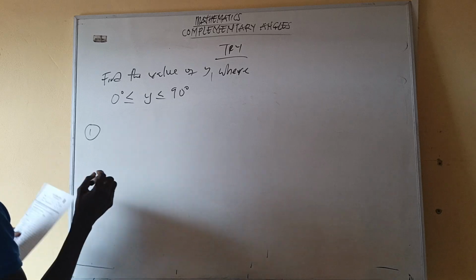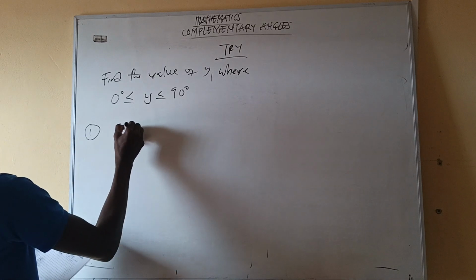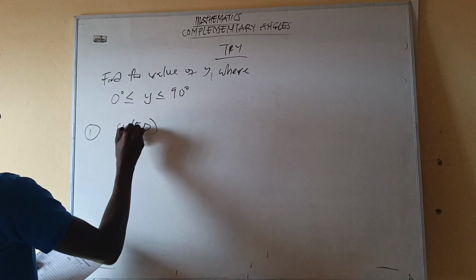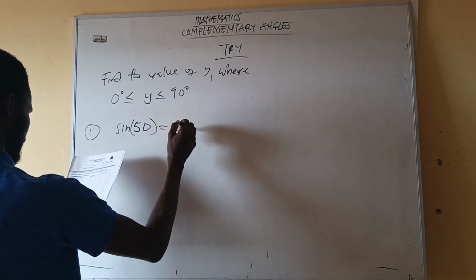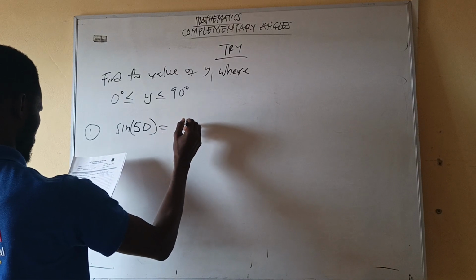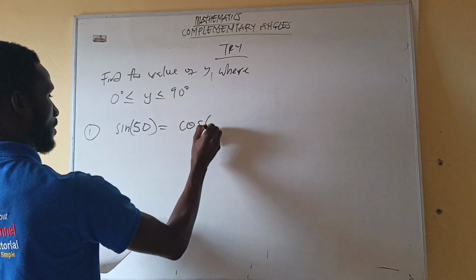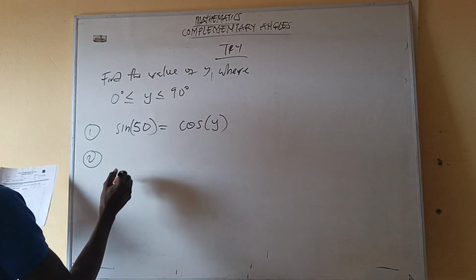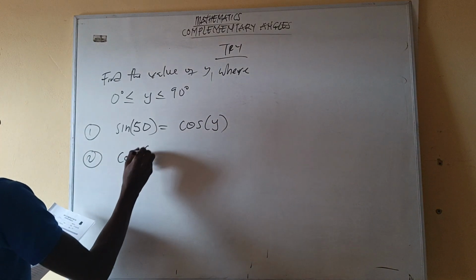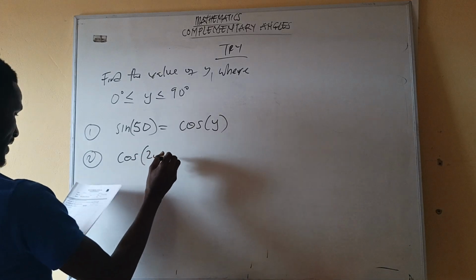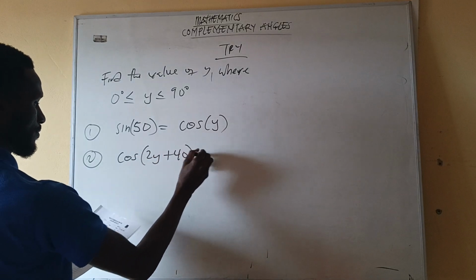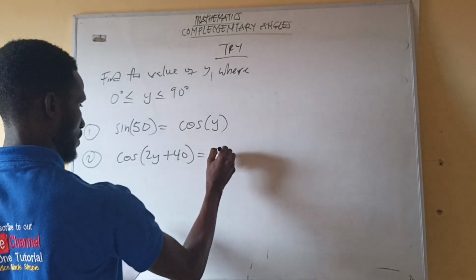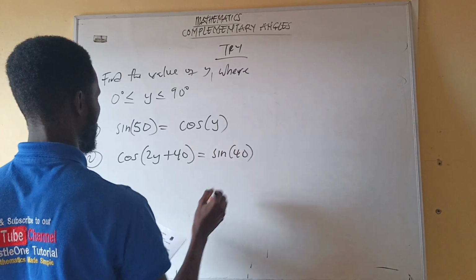Now the first one, find the value of y when the angle y is between 0 and 90. When you say angle y between 0 and 90, it means it's an acute angle. So the first one: sine 50 equal to cos y. The second one: cos of 2y plus 40 equal to sine 40.